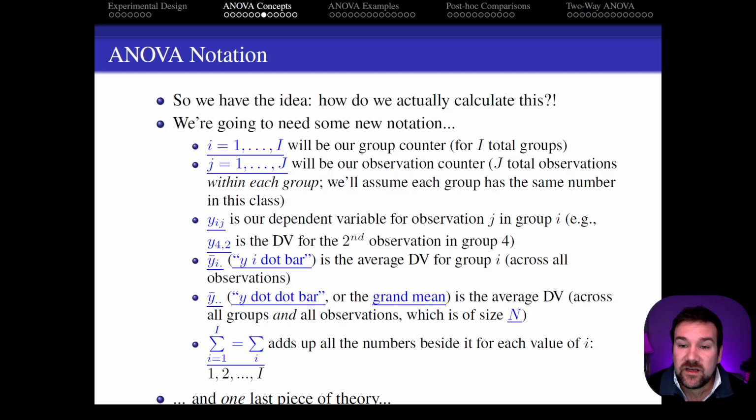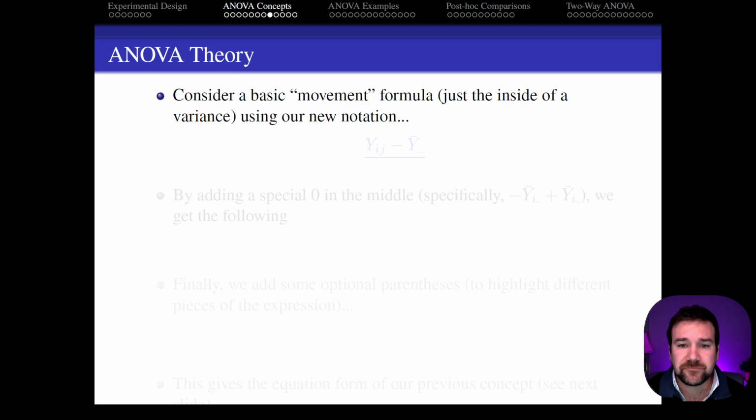All right, so that's actually all of our notation. But before we can move on with our ANOVA, there's actually a very important foundational concept that we need to cover. Essentially, what we're going to discuss is the movement formula. So this is kind of like the inside of a variance. If you remember your variance equation from your previous course or the review, the variance was any data point minus its mean squared.